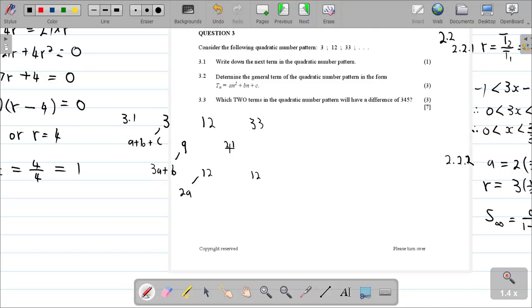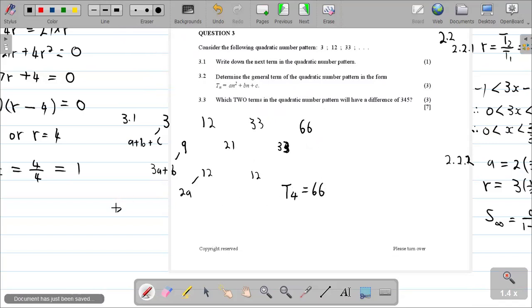If we add 12 here, we get 33, sorry, we get 33 plus 33, so you get 66. So T4 equals to 66 here.